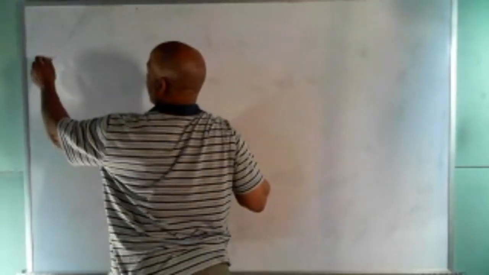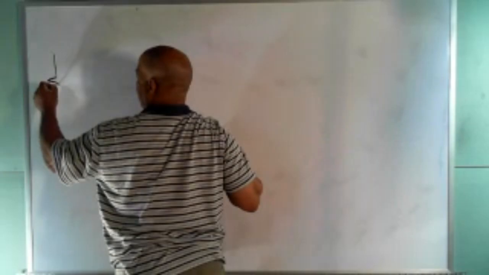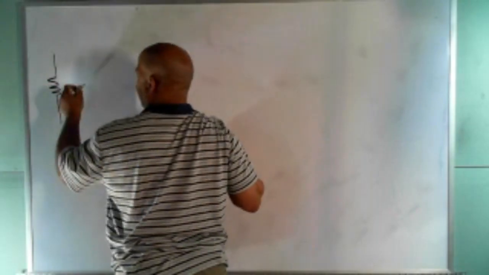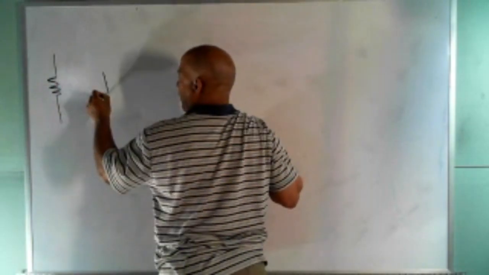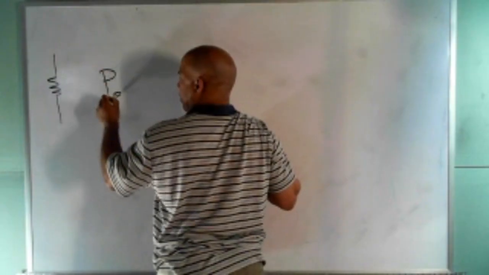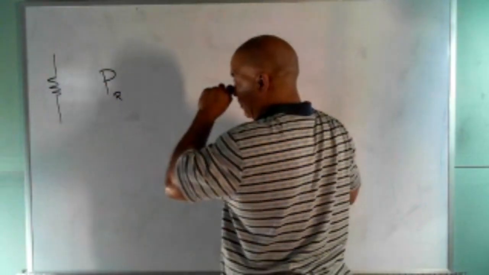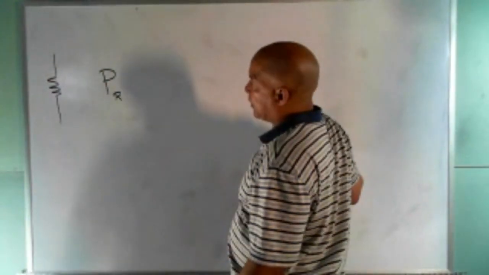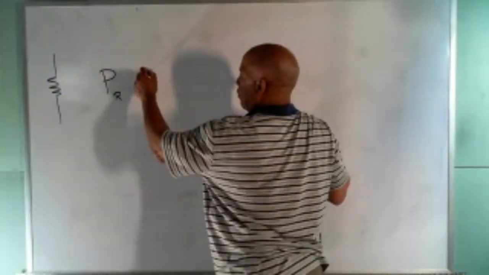Resistive power, we'll call that PR, resistive power, or just P. The unit is watts.